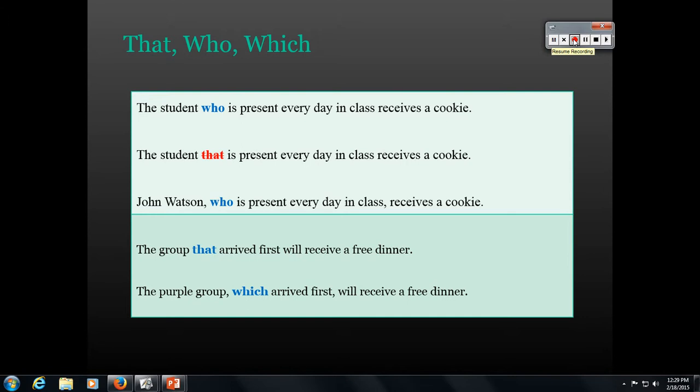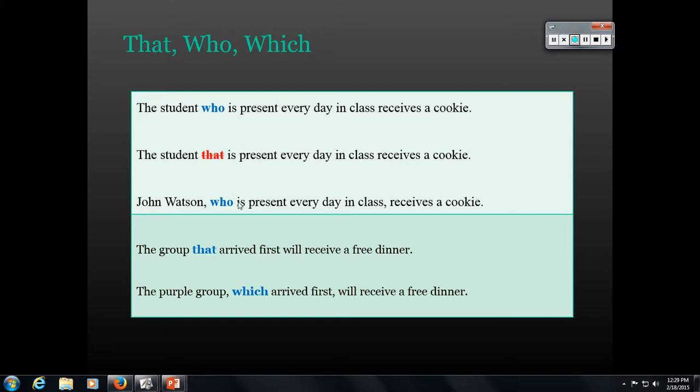So the next step is to determine when do I use that and which. Well, when we talked about comma usage, we talked about essential elements and non-essential elements. A non-essential element is something, like in this sentence, that is offset with commas.